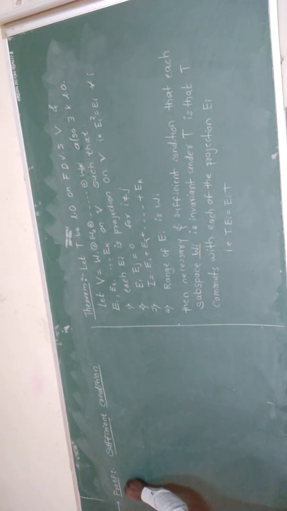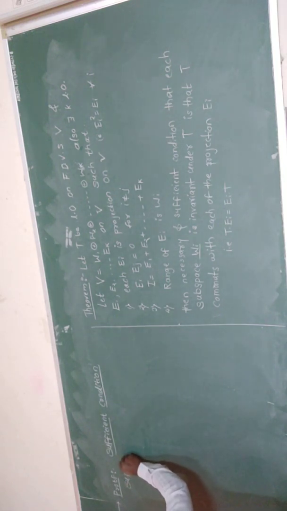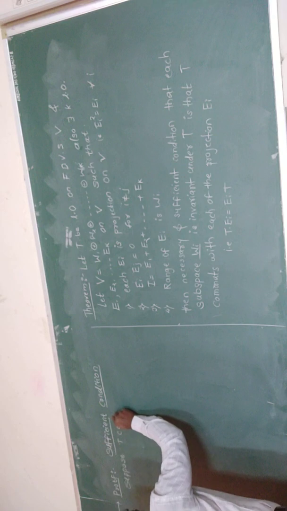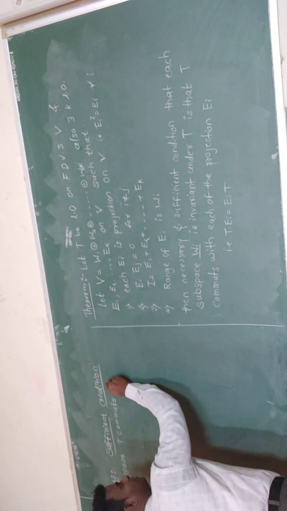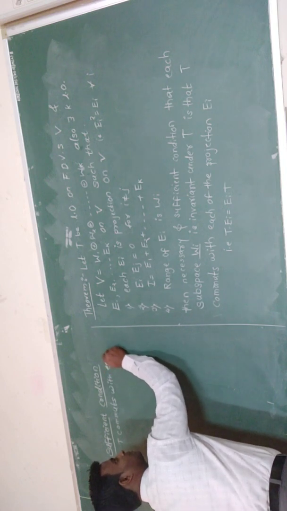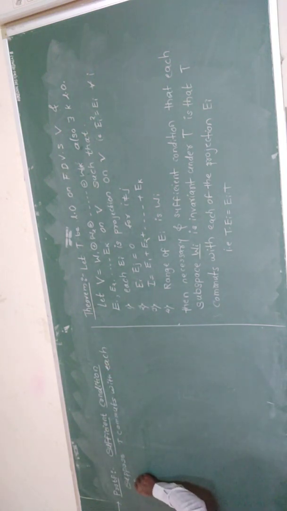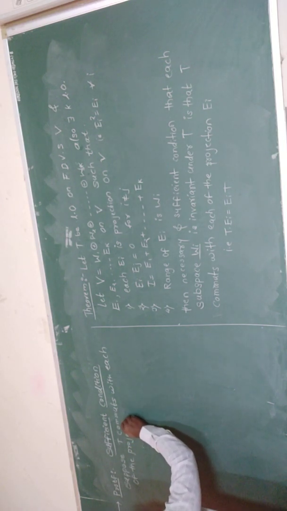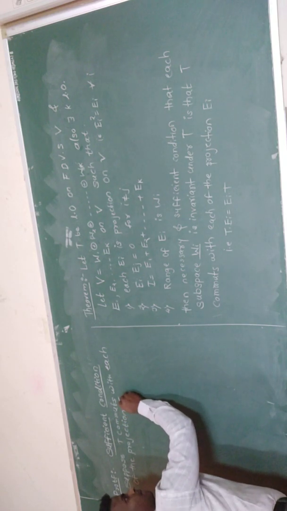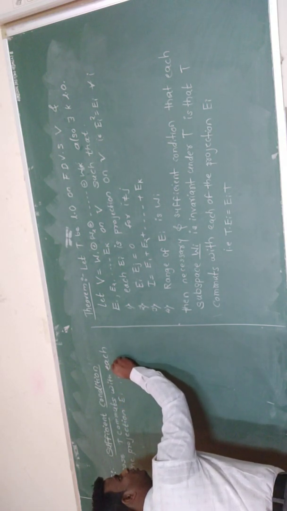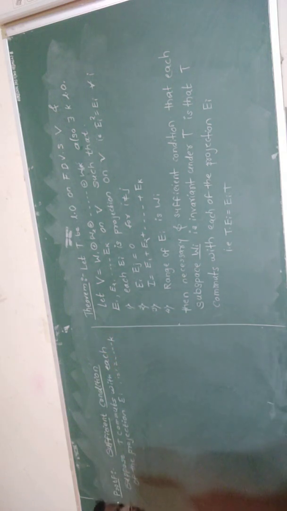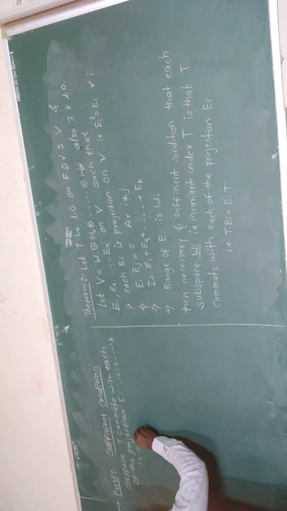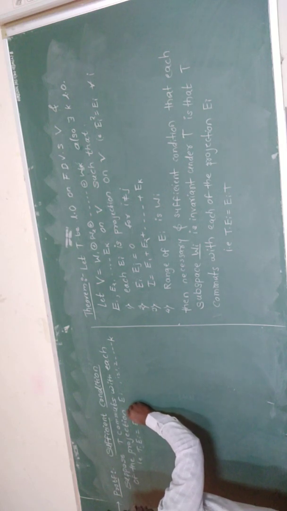Suppose T commutes with each of the projections Ei for i equal to 1, 2 up to k, that is, T into Ei is equal to Ei into T.